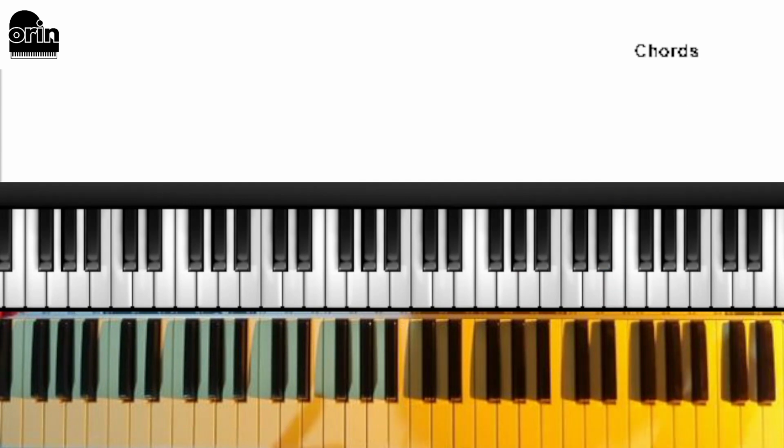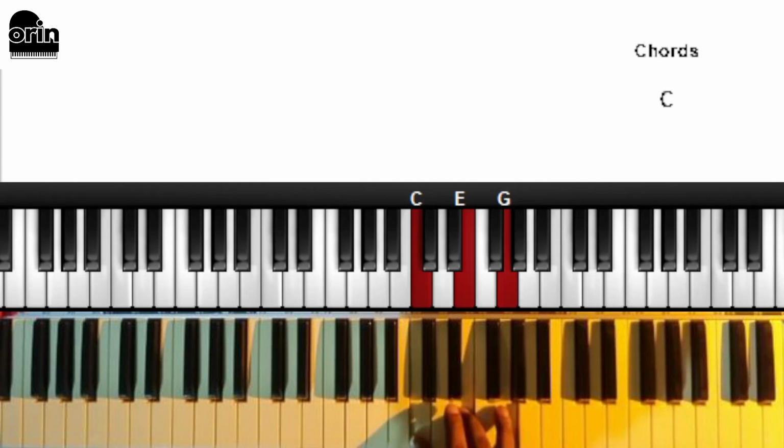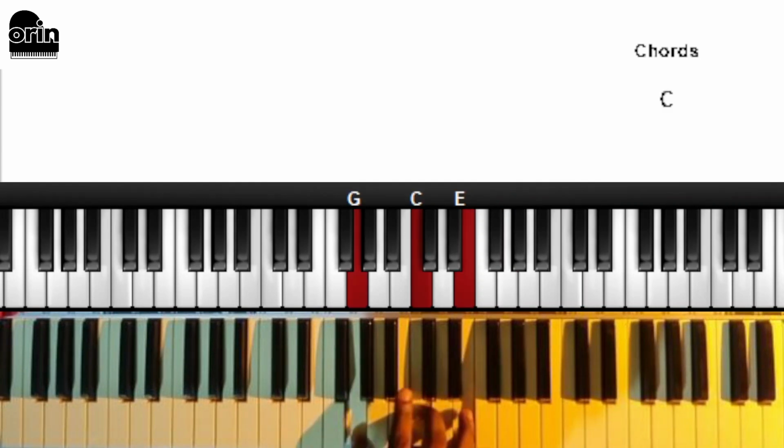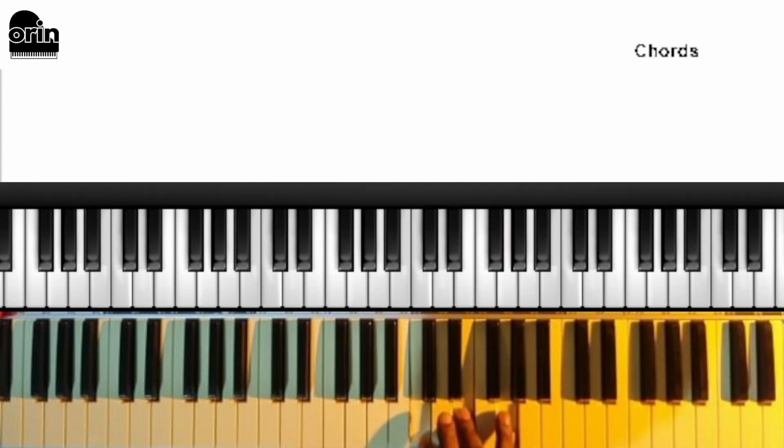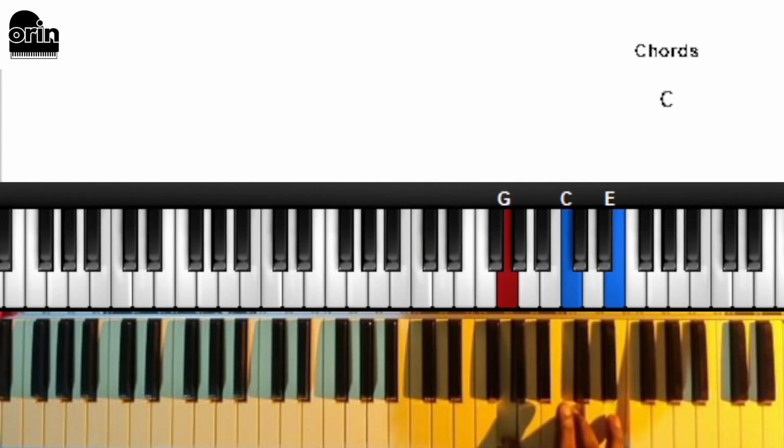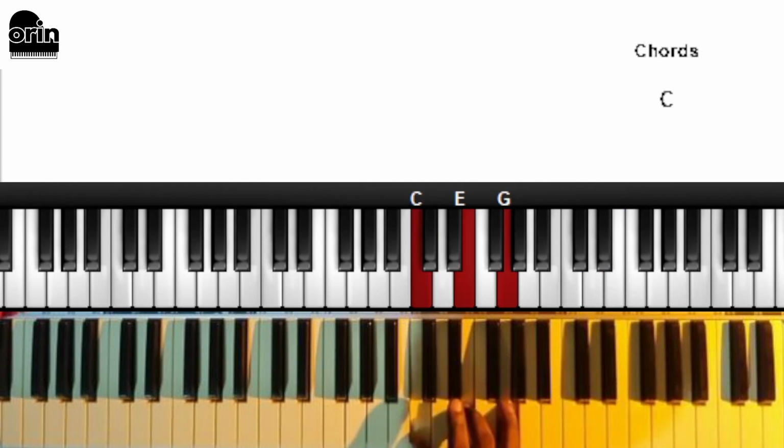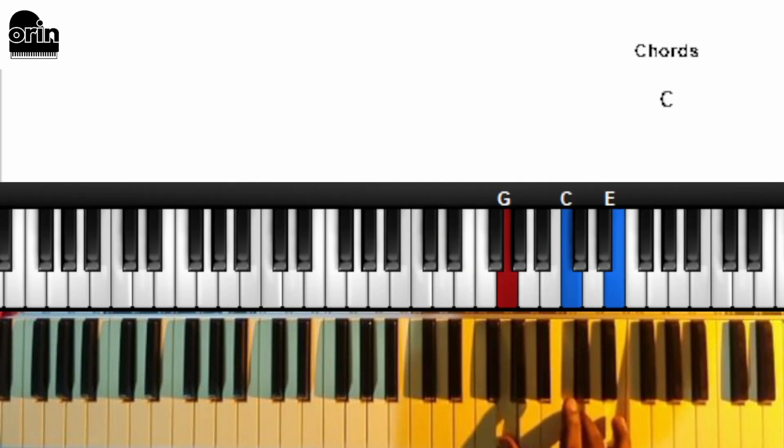So I put them together now using the chord inversions. So this should sound like this. This is so do mi. Or so you get the idea.